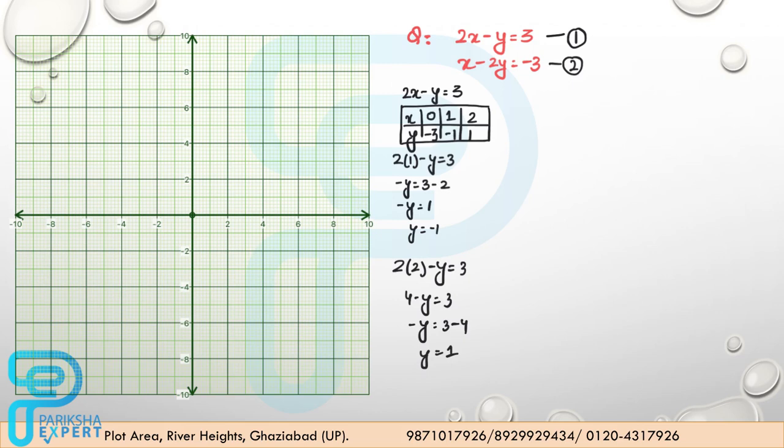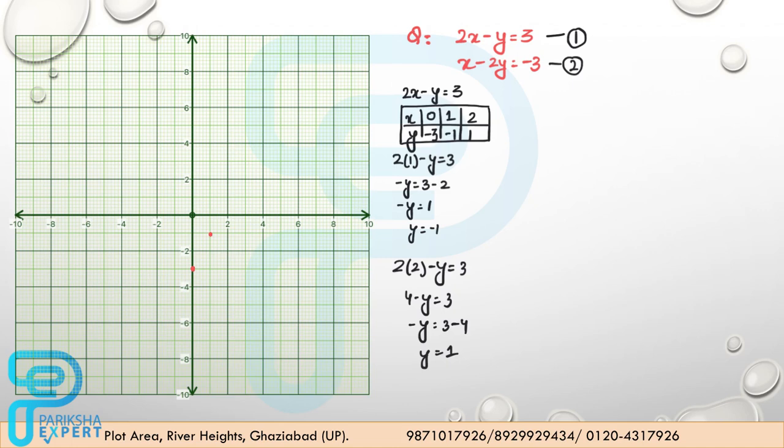Let us plot these points on the graph. We have x as 0 and y as minus 3. So therefore I am using a red color. Therefore this is the point, x as 0 and y as minus 3. Second point is when x is 1, y is minus 1.